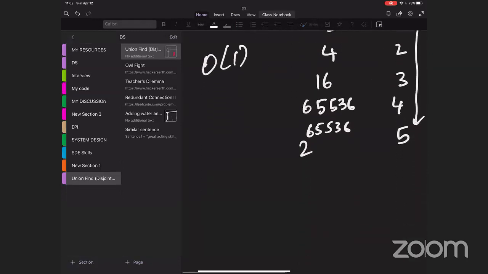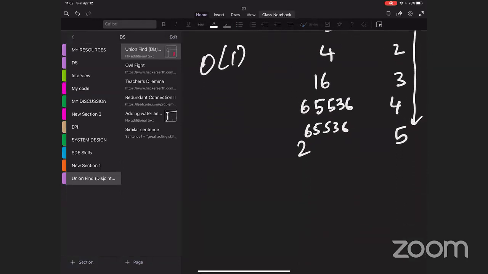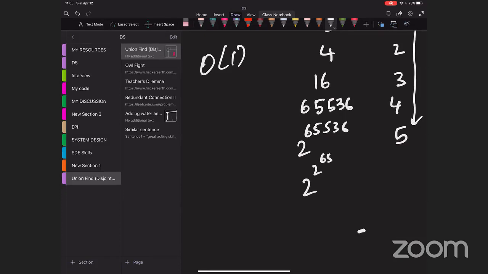I'm saying that for all practical purposes, none of our practical problems nowadays is bigger than this. The next level would be 2 raised to 65,536. That is too much for us.